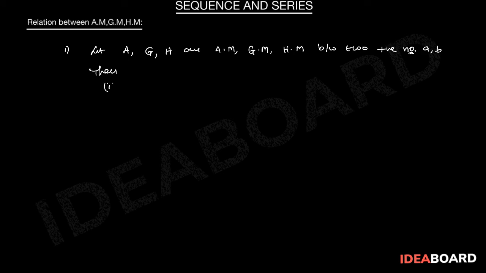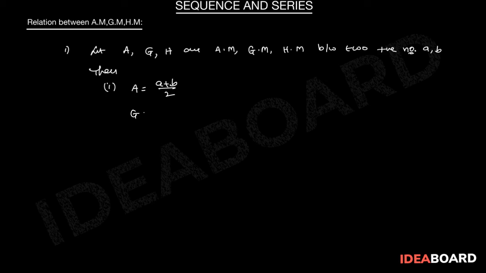Now discuss about the relation between AM, GM and HM, that is arithmetic mean, geometric mean and harmonic mean. Let capital A comma capital G comma capital H are arithmetic mean, geometric mean and harmonic mean between two positive numbers a comma b. Then first one is A equal to a plus b by 2, that is arithmetic mean.